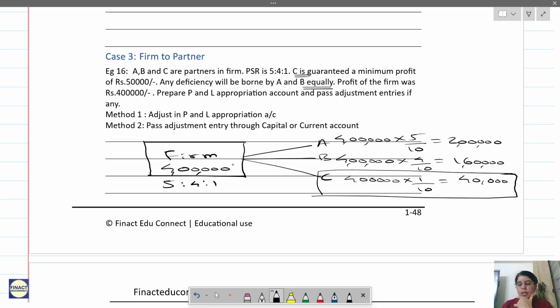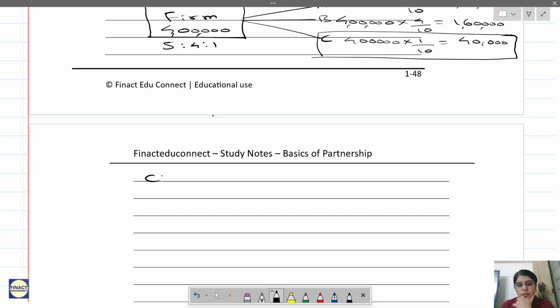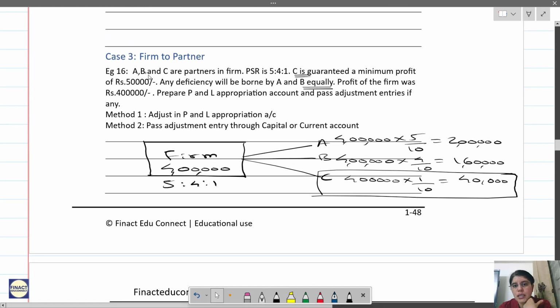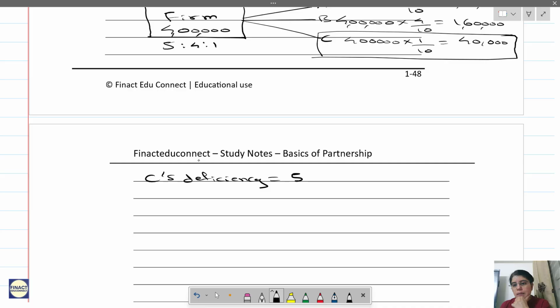Correct? So now let us calculate what C's deficiency is over here. How much guarantee was given to C? C was given a guarantee of 50,000, whereas the actual profit which C got is 40,000.